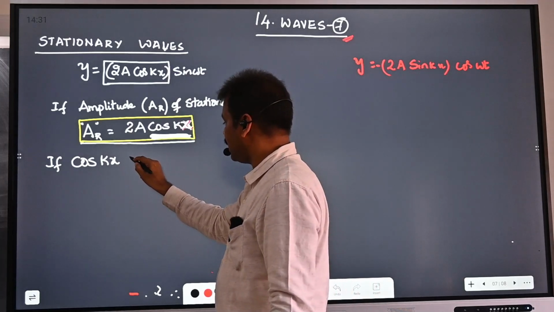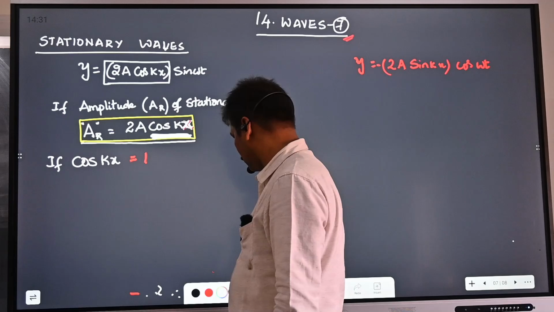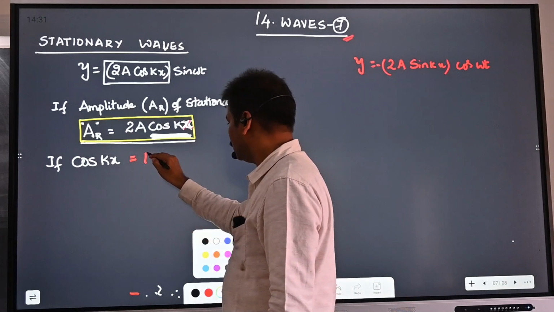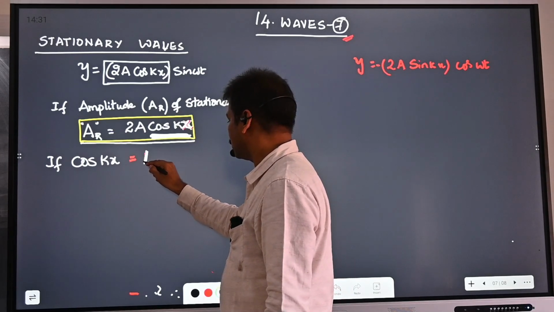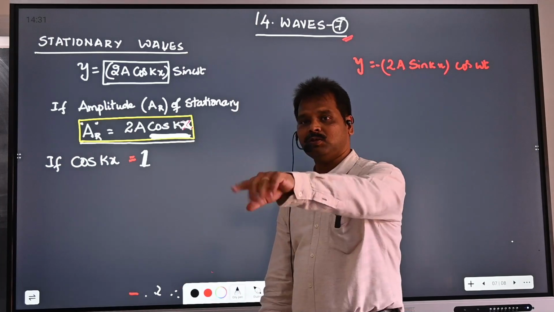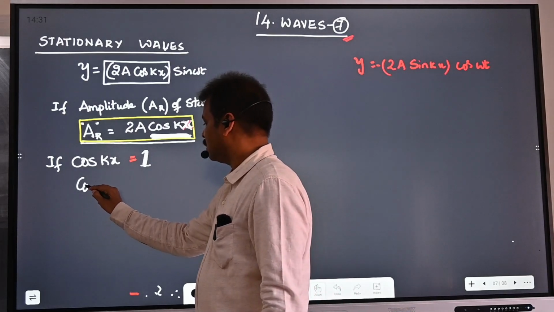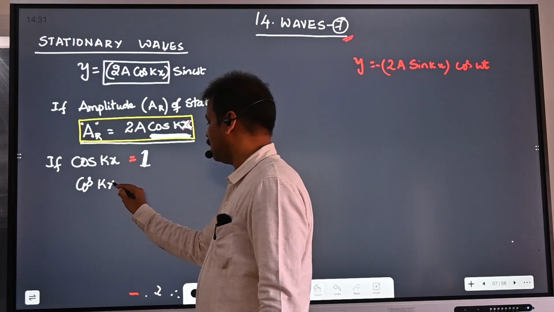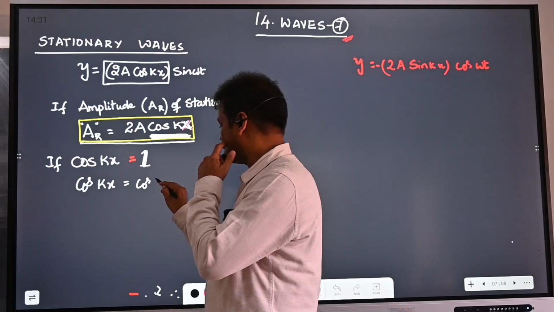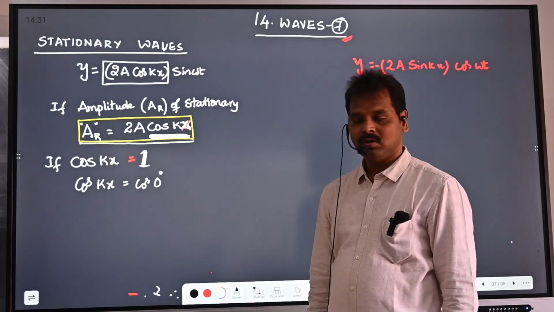If cos kx is equal to 1, when is that possible? We can write cos kx equal to cos 0. What is cos 0 degrees?